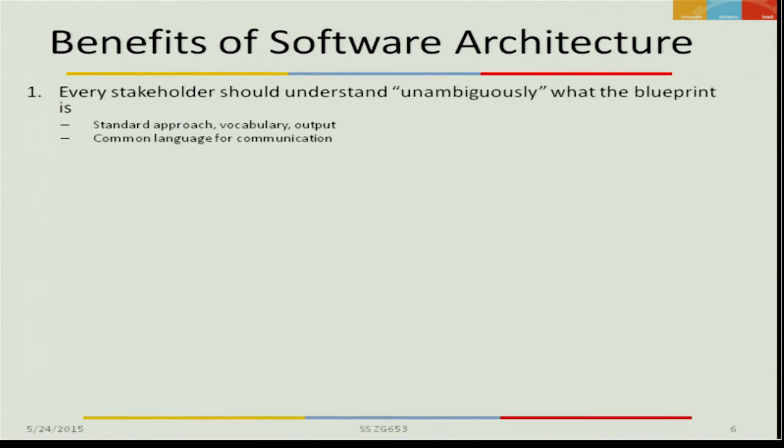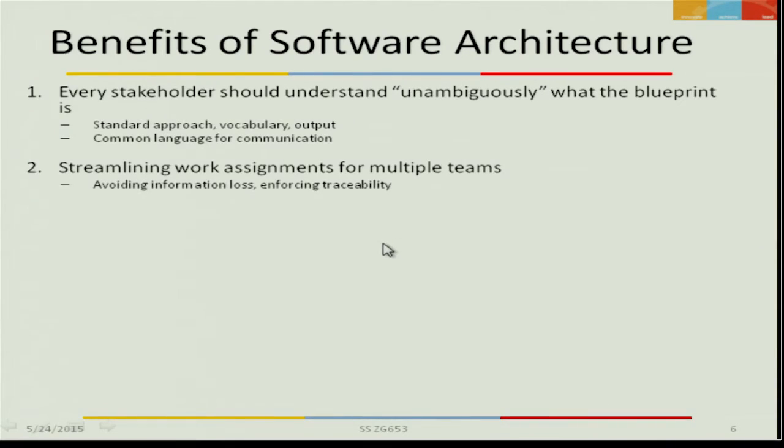Every stakeholder understands unambiguously what the blueprint is. That means there is a complete standardization of the approach, vocabulary and the output. That means everybody understands what the other group is doing, and there is a common language for communication across different stakeholders. That definitely helps in streamlining the work assignments.